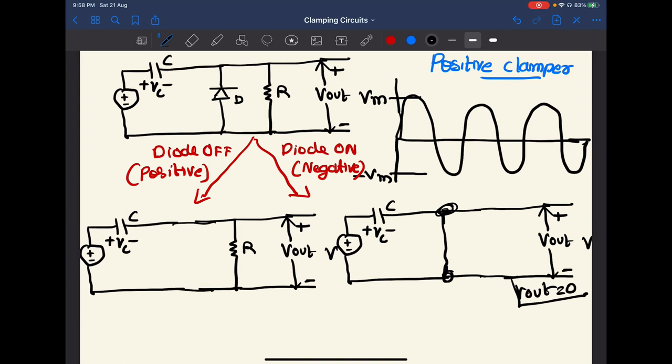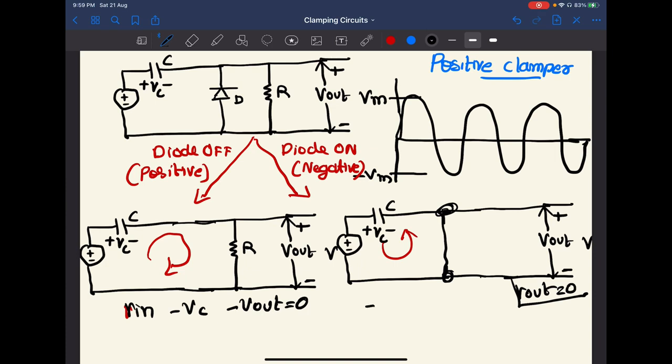We can apply KVL in these two conditions. First, we apply KVL in this off condition and see what is going on. V in minus Vc minus V out equal to 0. So keep that. And in the second case, we apply it in this manner.